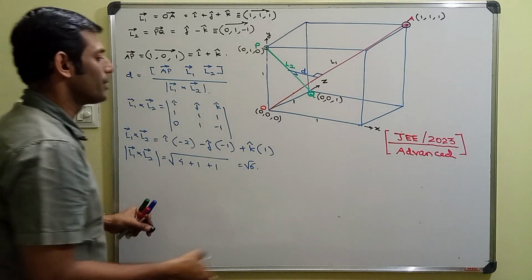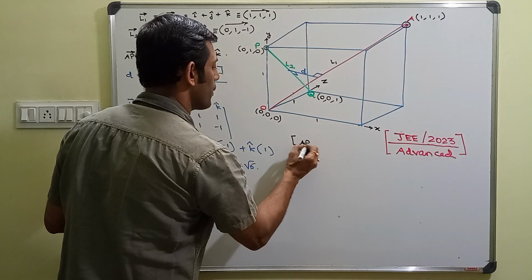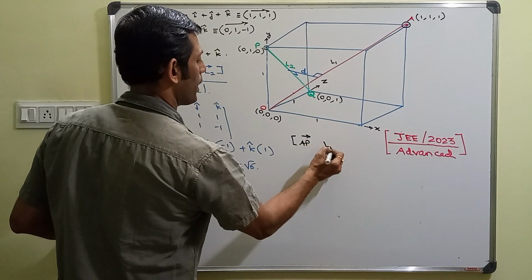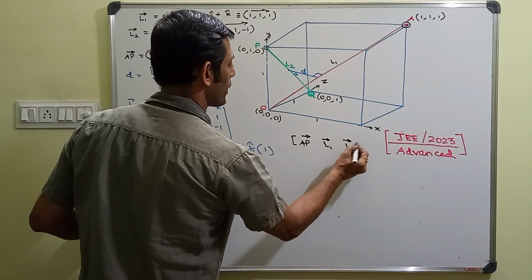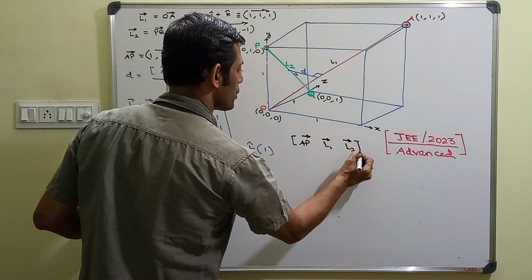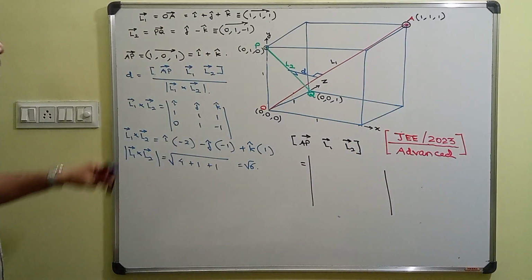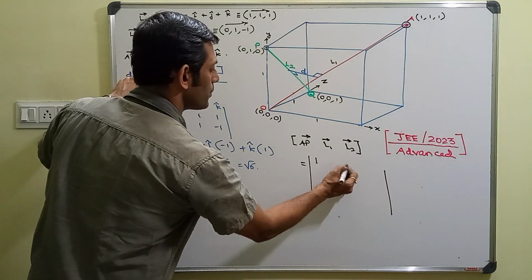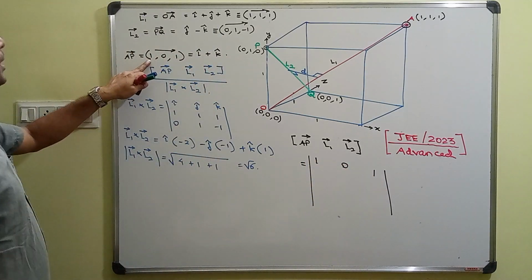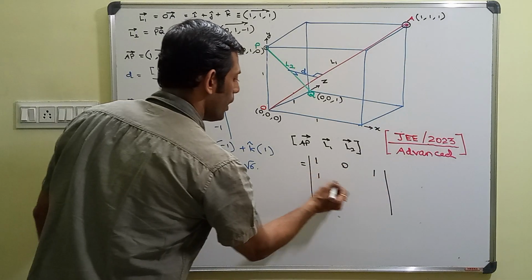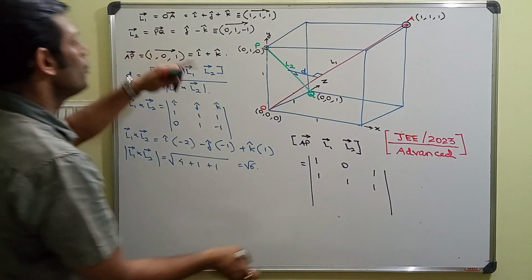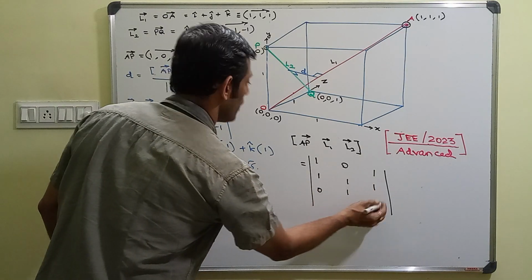Now if I go for the scalar triple product calculation, that is the vector AP, L1 vector and L2 vector, it's a determinant. Now AP vector 1, 0, 1, L1 vector 1, 1 and 1, L2 vector 0, 1, minus 1.